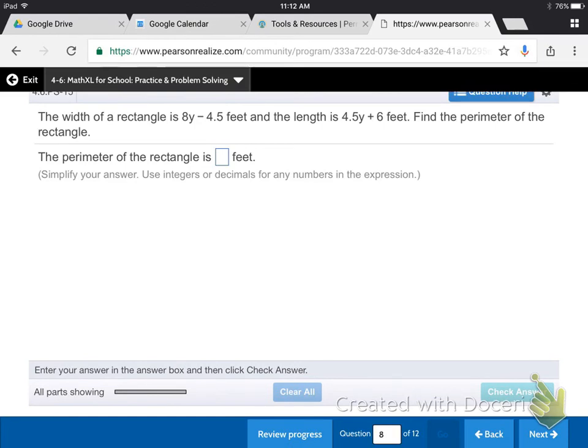Okay, this one says the width of a rectangle is 8y minus 4.5 feet, and the length is 4.5y plus 6 feet. Find the perimeter. All right, well, let's draw a rectangle to begin with. Let's draw a rectangle.